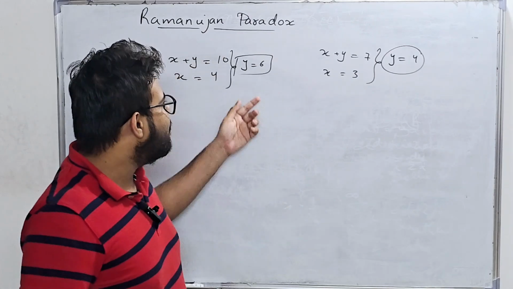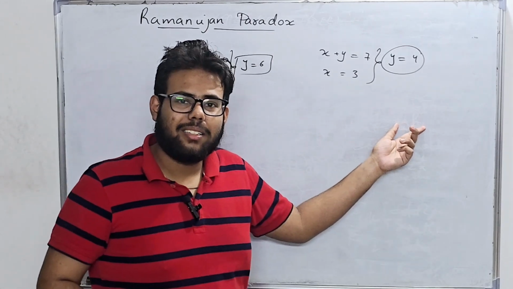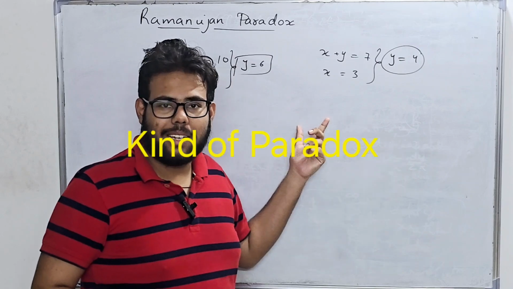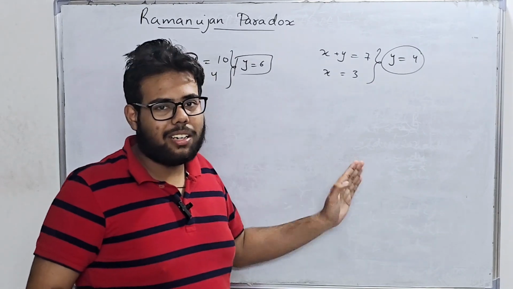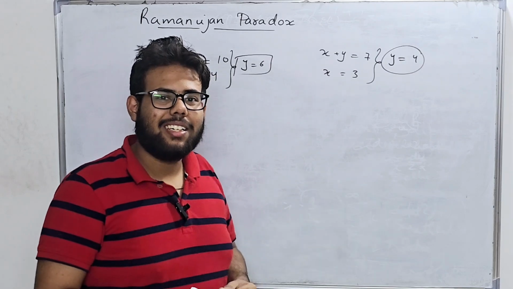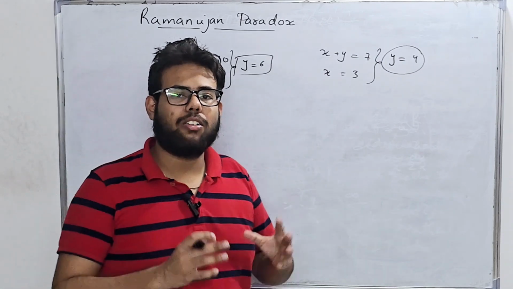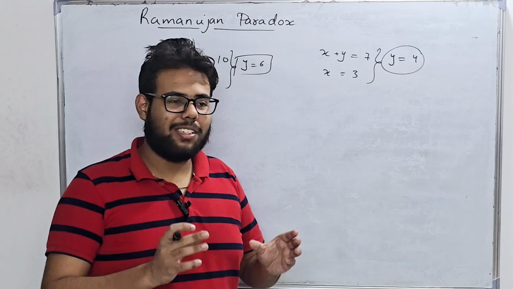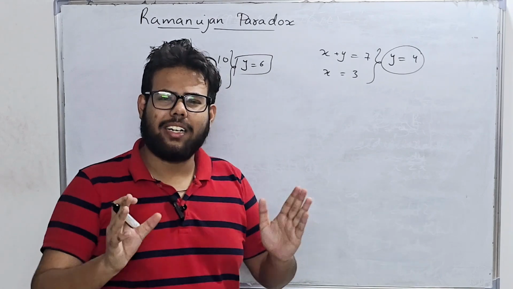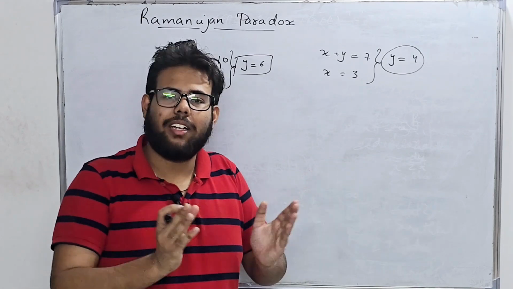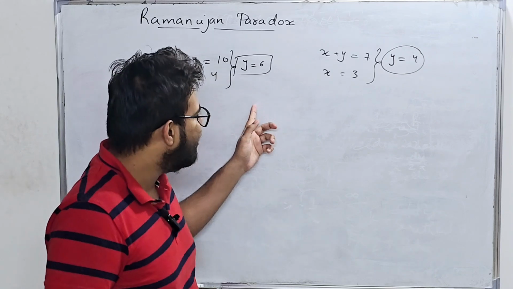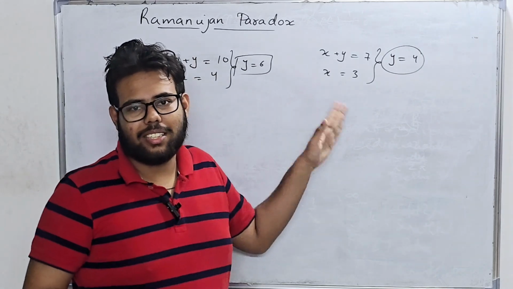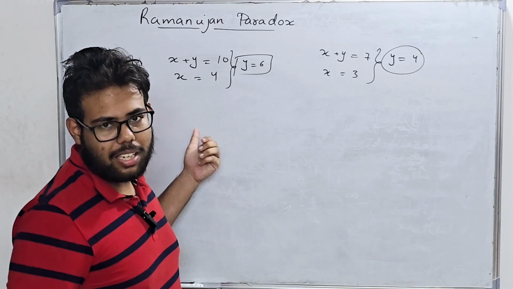So both answers are correct when taken one at a time, but when we take both together, they are not correct. A paradox is a statement or a group of statements which when taken one by one are correct, but when taken simultaneously, they don't agree with the circumstances. Like here, you can't have y is equal to 4 and 6 at the same time for a linear equation.